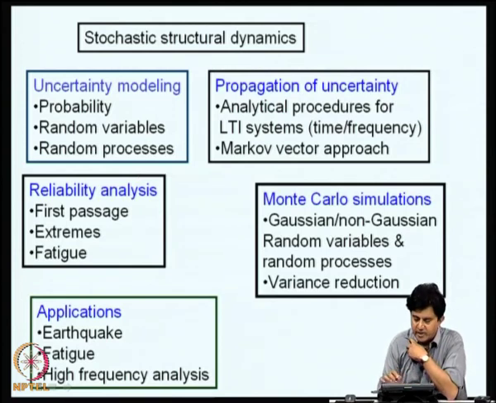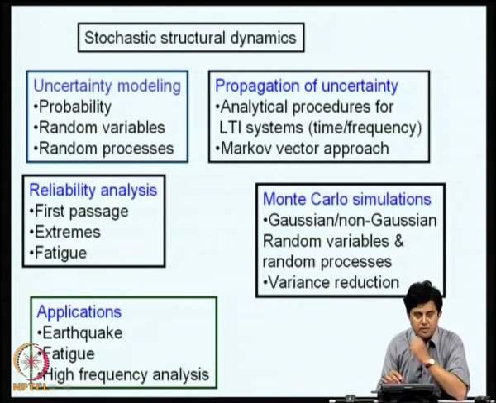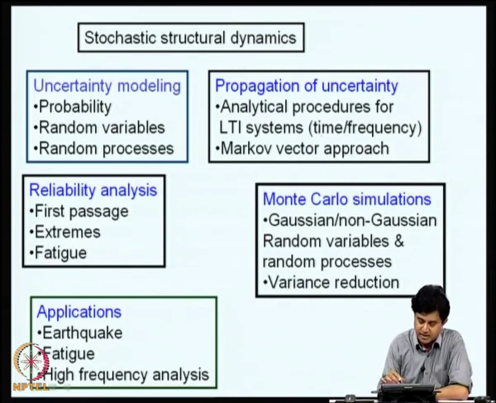One is propagation of uncertainty. That means, if there are uncertainties in system properties and excitations, how to characterize the corresponding uncertainties in the system response. Here we developed analytical procedures for linear time invariant systems, both in time and frequency domains, essentially using the principle of superposition, that is Green's function, transfer function, impulse response function, and that type of mathematical tools.